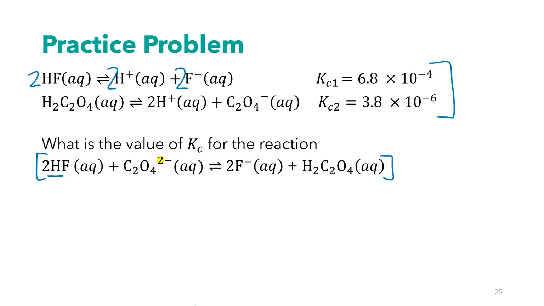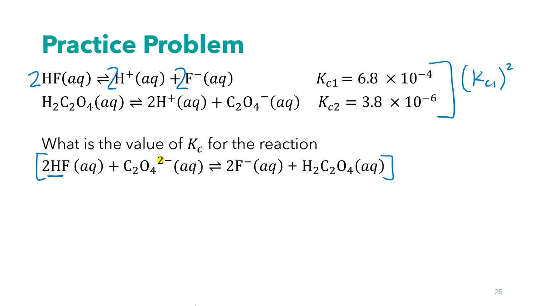The only way I'm going to do that is if I multiply through by 2. So now, once I multiply through by 2, this is now KC1 squared.